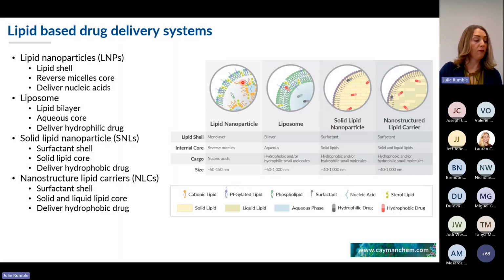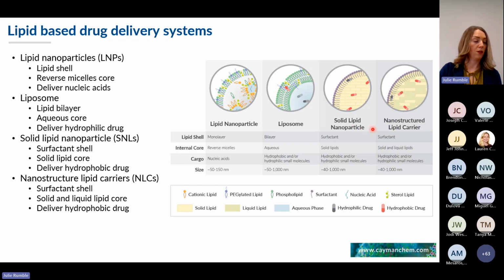LNPs have a monolayer lipid membrane with a core containing reverse micelle lipid layer surrounding the cargo. Liposomes have a bilayer lipid membrane and an aqueous core. They are widely used to deliver hydrophilic small molecules, but are less effective at encapsulating and delivering nucleic acids.